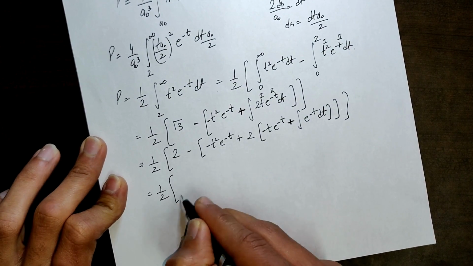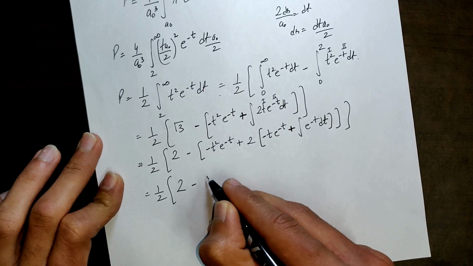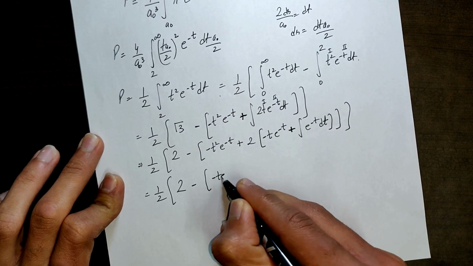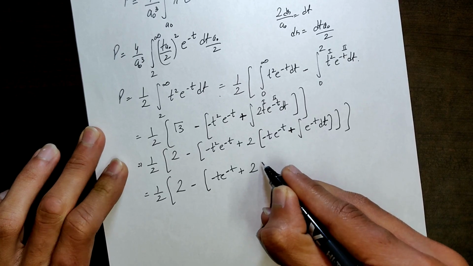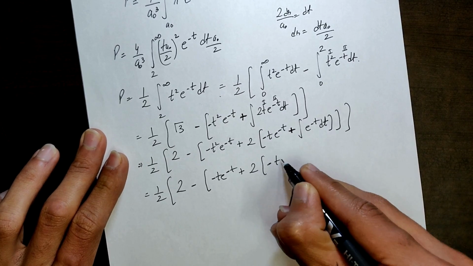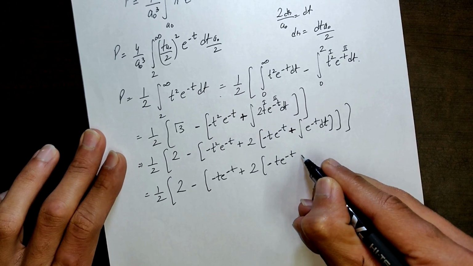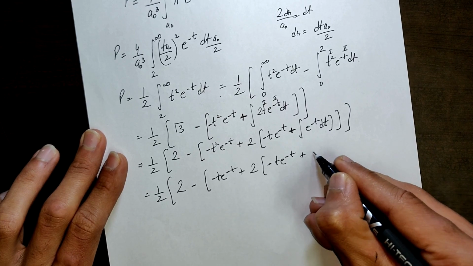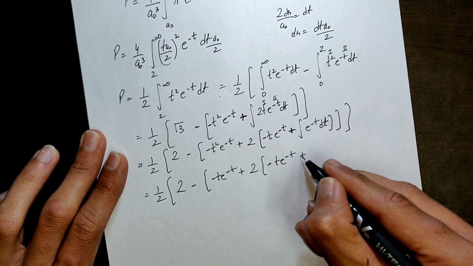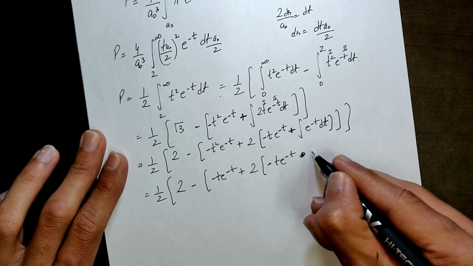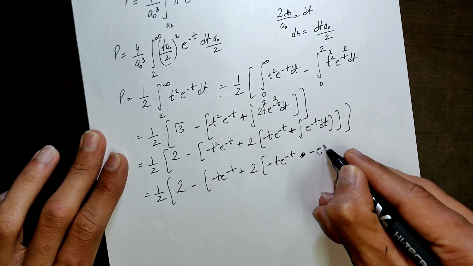Now 2 minus t square e raised to power minus t plus 2 minus t e raised to power minus t plus its integration is e raised to power minus t only, so minus e raised to power minus t.